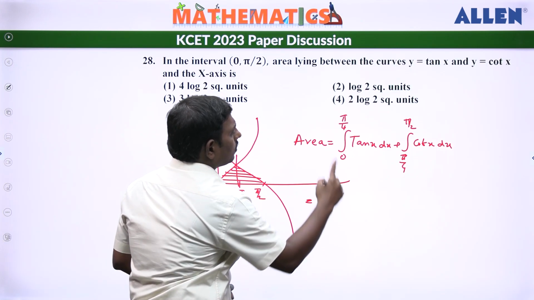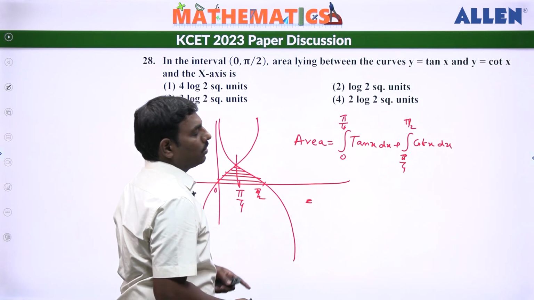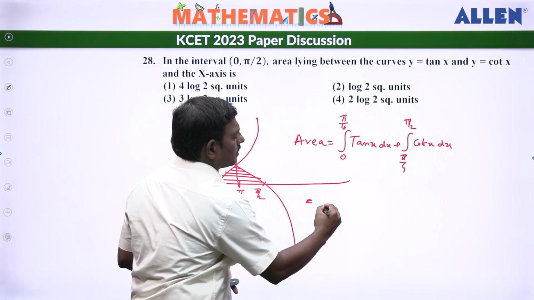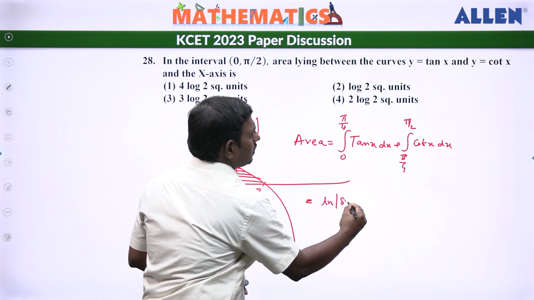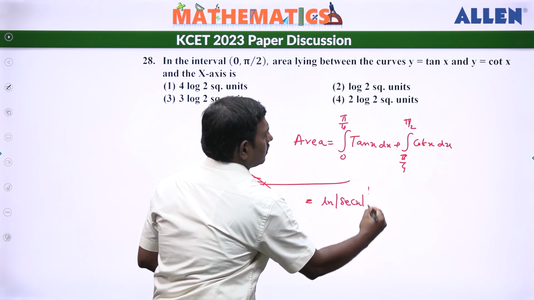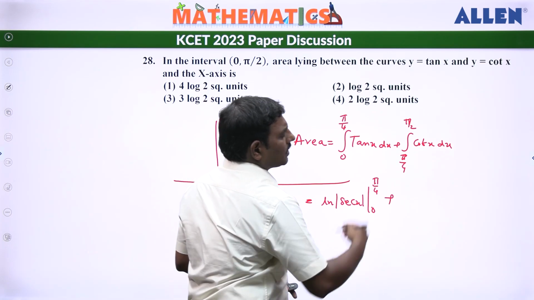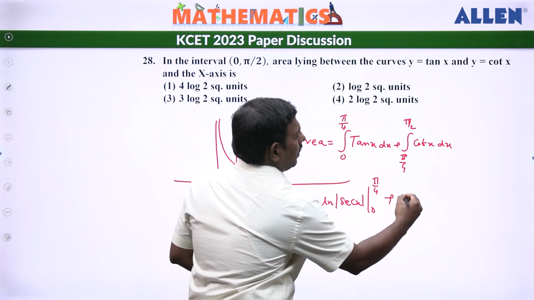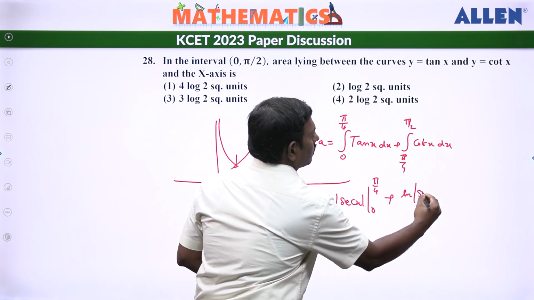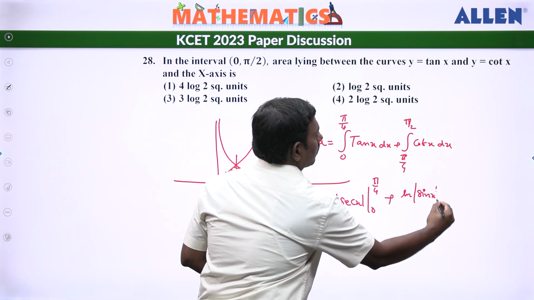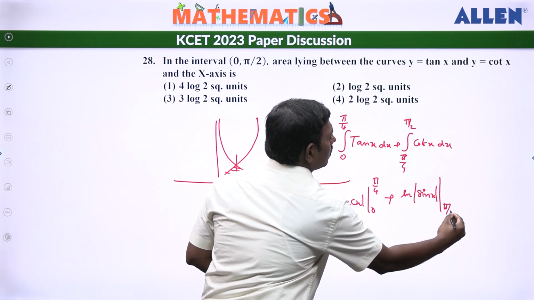Now tan x is sin by cos, and the integration of tan x we know is ln mod secant x from 0 to pi by 4, plus the integration of cot x, ln mod sin x, in the interval pi by 4 to pi by 2.